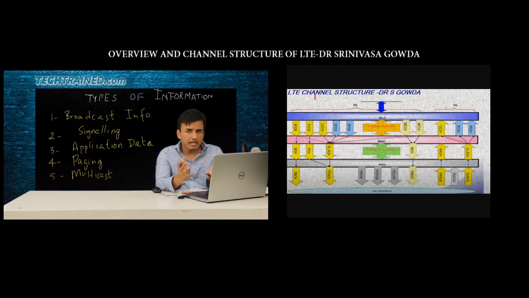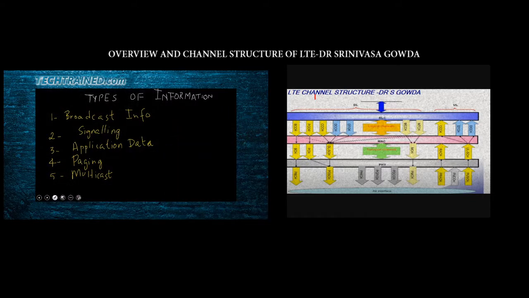But you can get an idea that based on different types of information, keeping this particular information, now we have. So this particular information is there. Let's say if we have broadcast information.